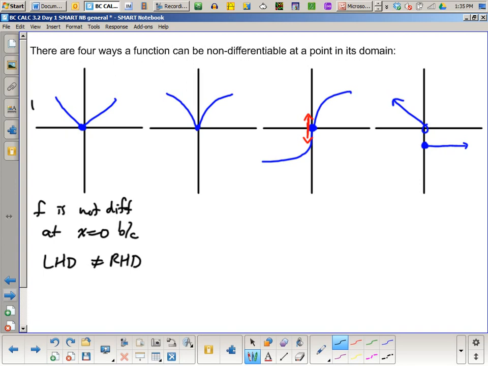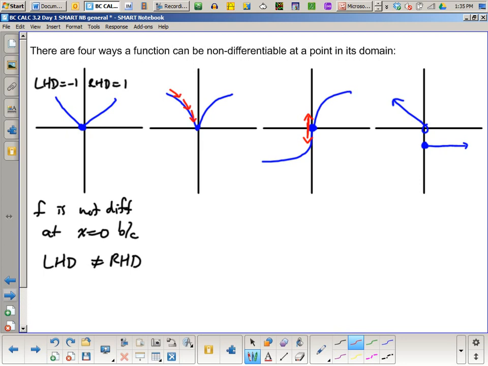Here the LHD is -1. Let's assume this is the absolute value function. So LHD is -1, but the RHD is +1. We're talking about the slopes of the tangent lines approaching -1 and +1 from either side of the origin. Abrupt change in slope.